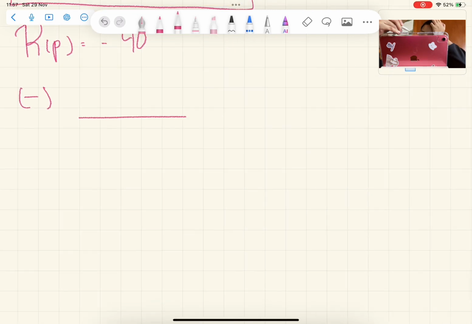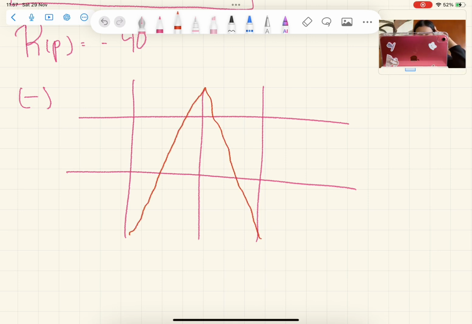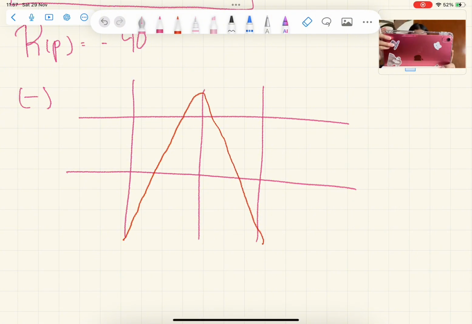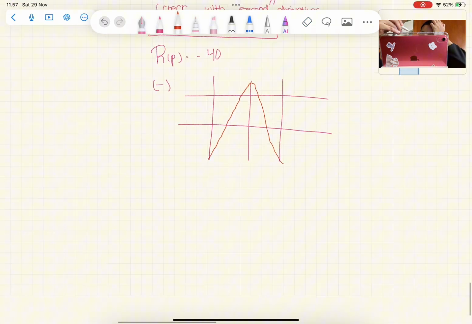Because the result is negative, it means the graph is shaped like a frown, a downward parabola, like that. I'm going to do it one more time, like that. It's like a sad face, right? A downward parabola means the point is definitely a maximum.